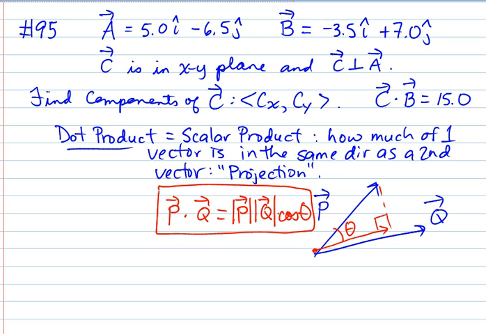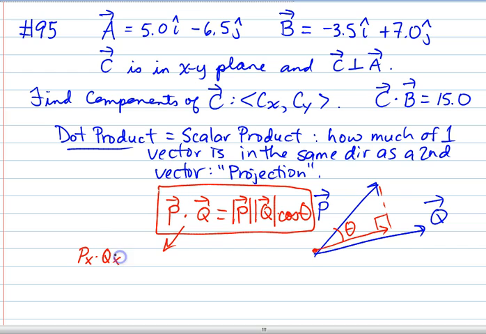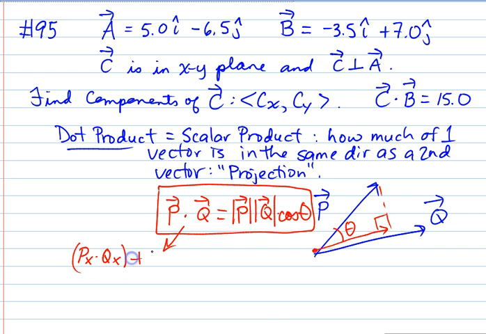On the left side, we're basically adding the components. We multiply the P and Q x components, the P and Q y components, and the P and Q z components, and all of that added up gives us the left side of this equation.